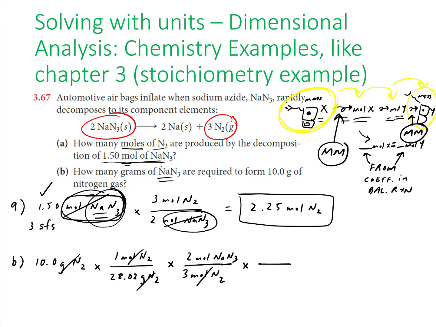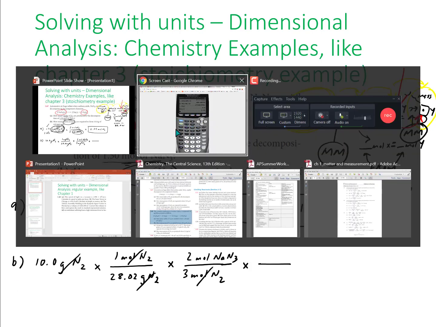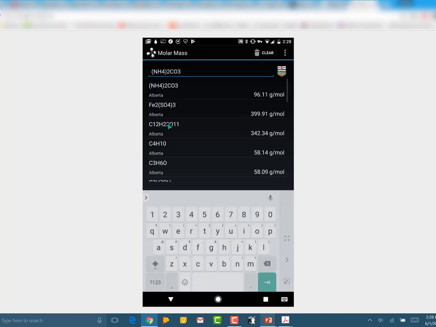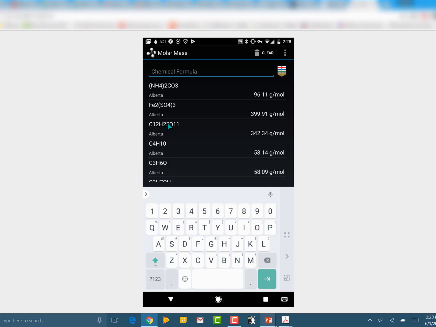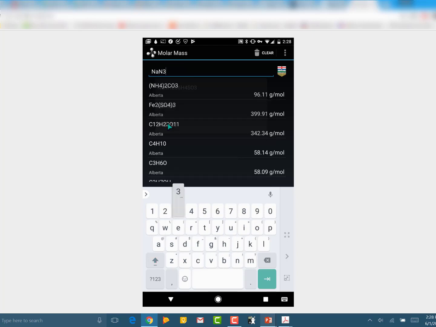And now I'm asked to get grams. If I look at my flow chart, I'm right here right now, so I just need to get to grams of sodium azide. I'm going to go to my trusty molar mass app and get rid of what I had before, sodium azide, NaN3.